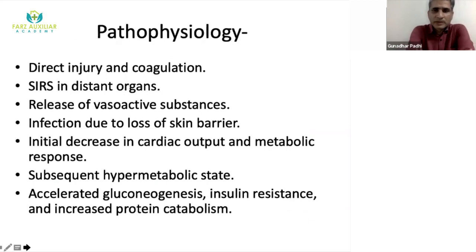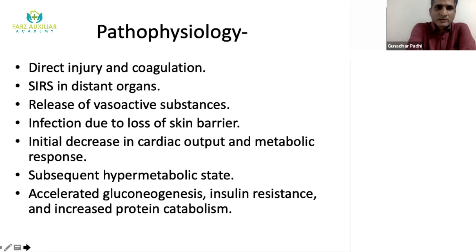So if you see the pathophysiology of the burn injury, there can be direct injury and coagulation that leads to damage of the tissue, and that also leads to systemic inflammatory response syndrome in distant organs. Like there is a burn in the hands, burn in the abdomen, burn in the chest. So there is a direct injury and coagulation which cause tissue necrosis and injury to that particular area.